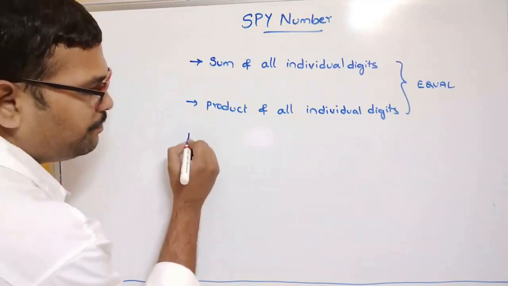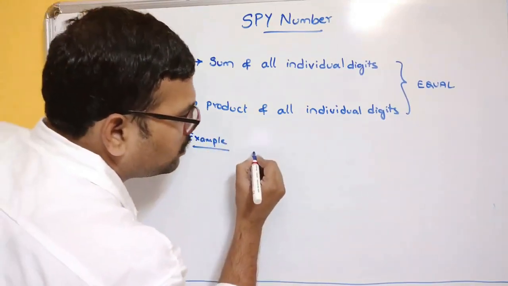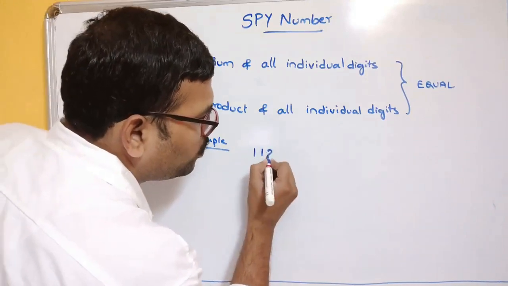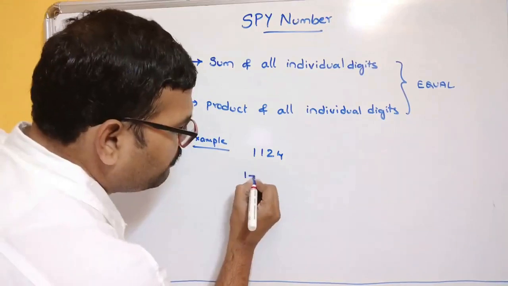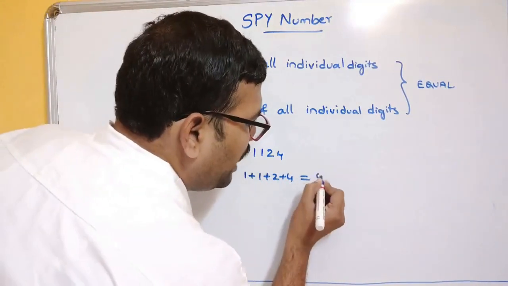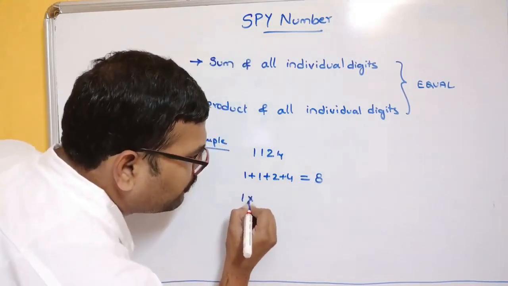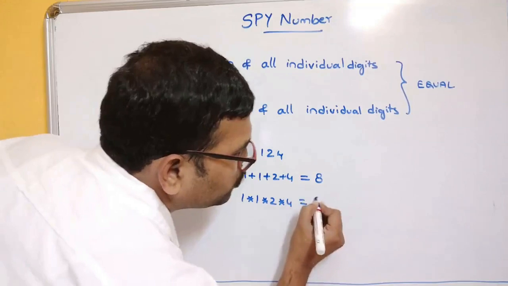So for example, consider 1124. You sum all the individual digits, 1 plus 1 plus 2 plus 4, which gives 8, and the product of all the individual digits, 1 into 1 into 2 into 4, is also 8.